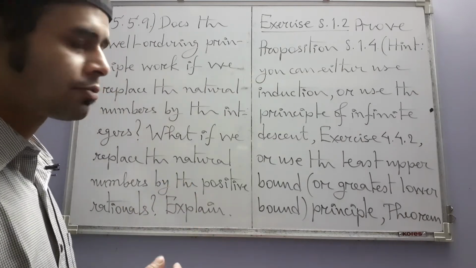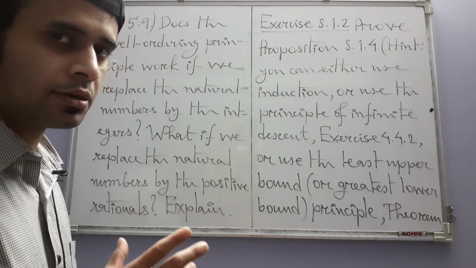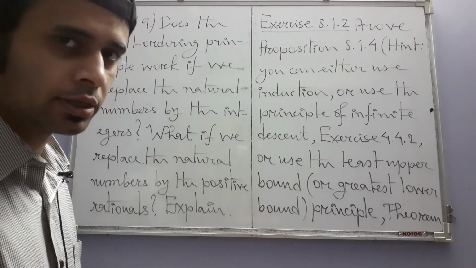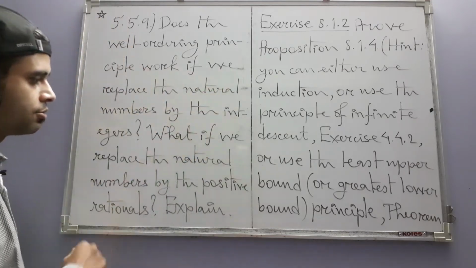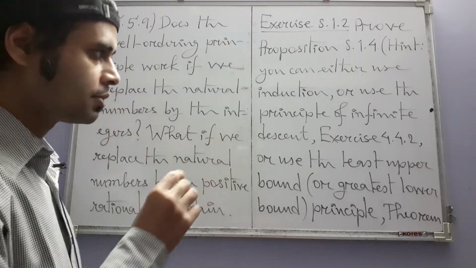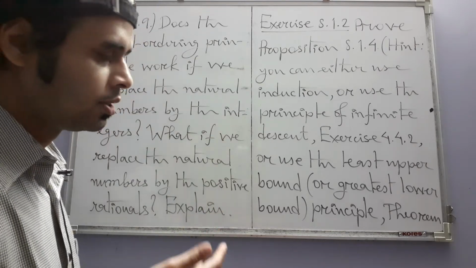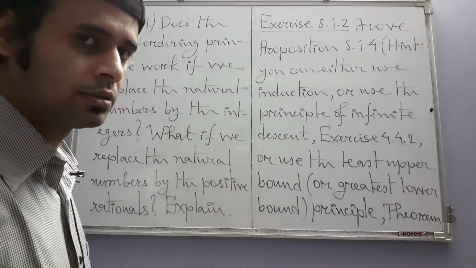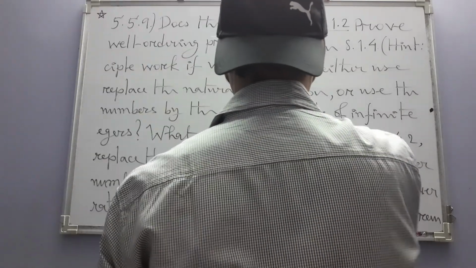The statement is of course that if we choose a non-empty subset of the set of natural numbers, then there exists a unique smallest element. And then of course we have to answer these two things: if in place of the set of natural numbers we have the set of integers, is it still true? What if we instead have the set of positive rational numbers? Then what? Okay, so let's now see the solution.